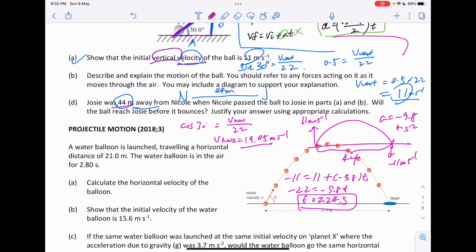So now we have t, right? And now we're going to see, with this horizontal velocity, and within this period of time, we multiply this by 2.24 and see if this is bigger or smaller than 44 meters. Okay, so 19.05 times 2.24.